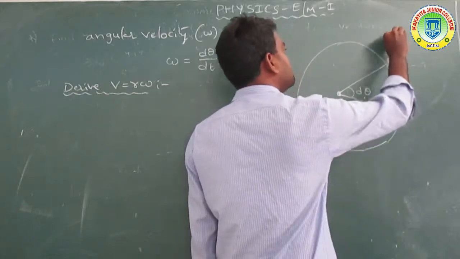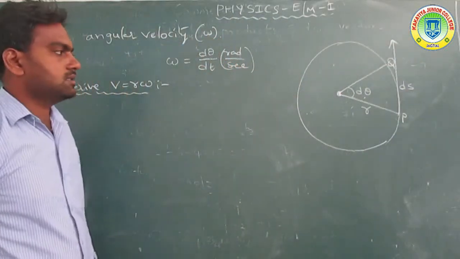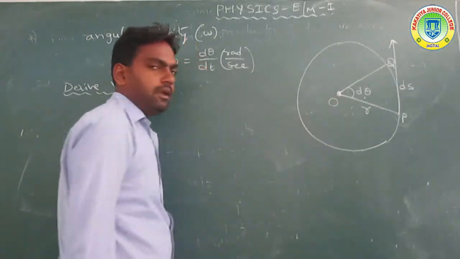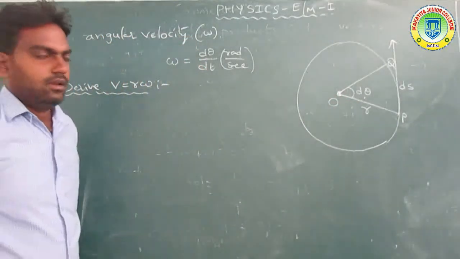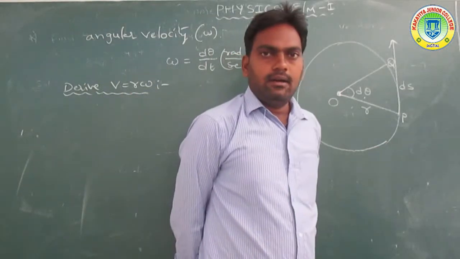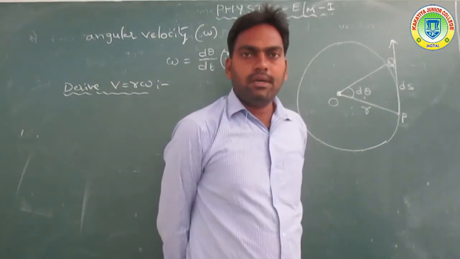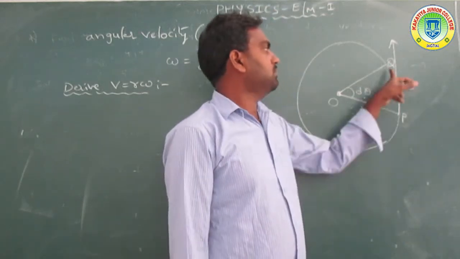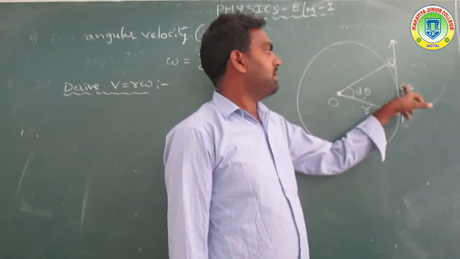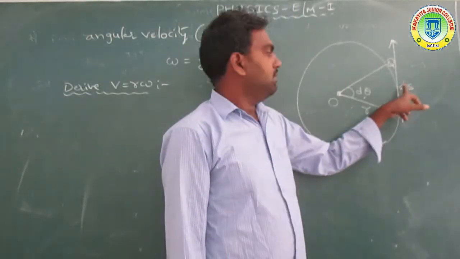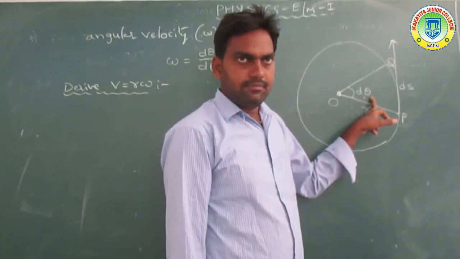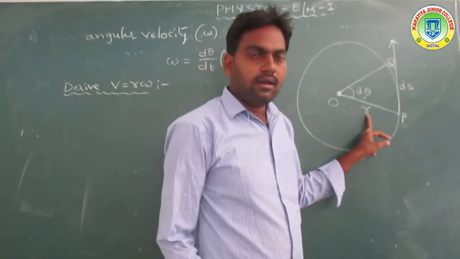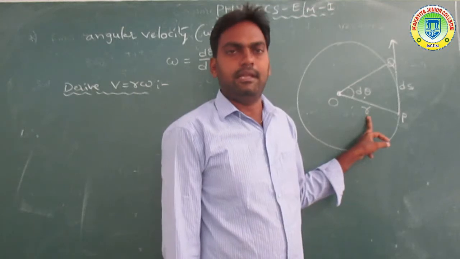So the body is moving on the circumference of the circle with radius r in a time dt.